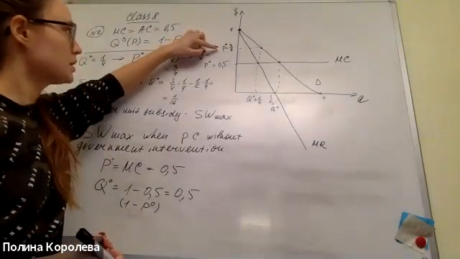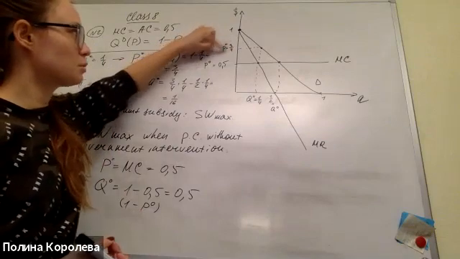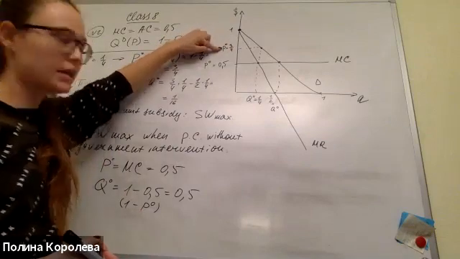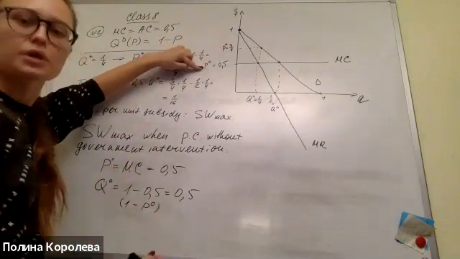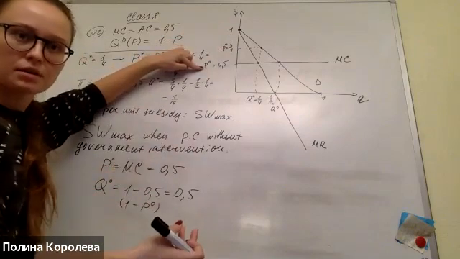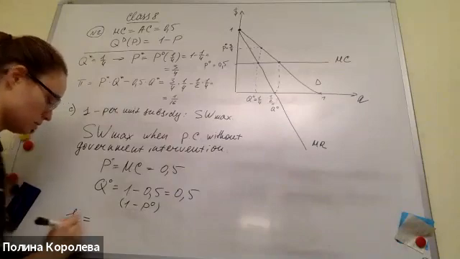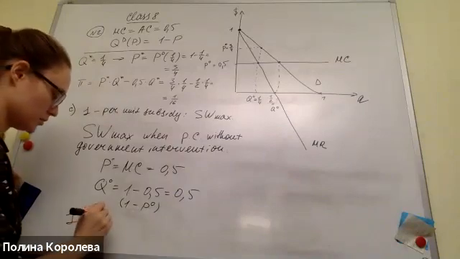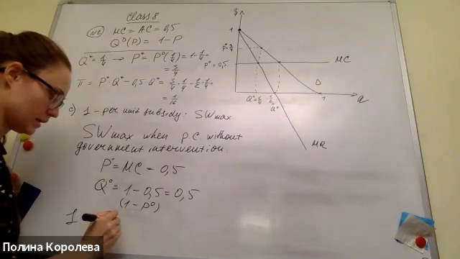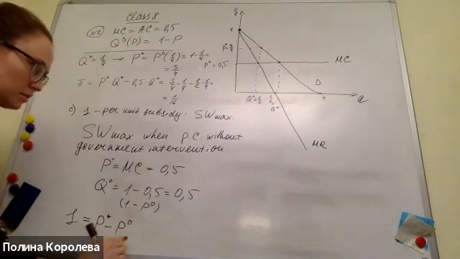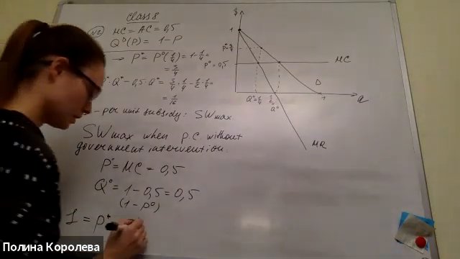So the subsidy will be the difference between the monopolist price and the price that the government wants the monopoly to set.